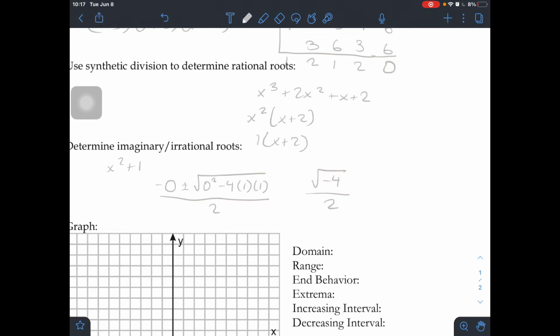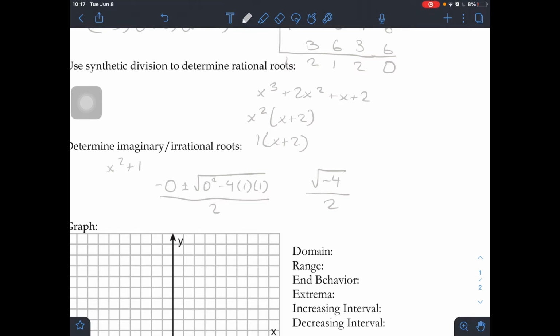And as you know, the square root of negative 1 is i. So the square root of negative 4 would be 2i, because the square root of 4 is 2, and i is the square root of negative 1.